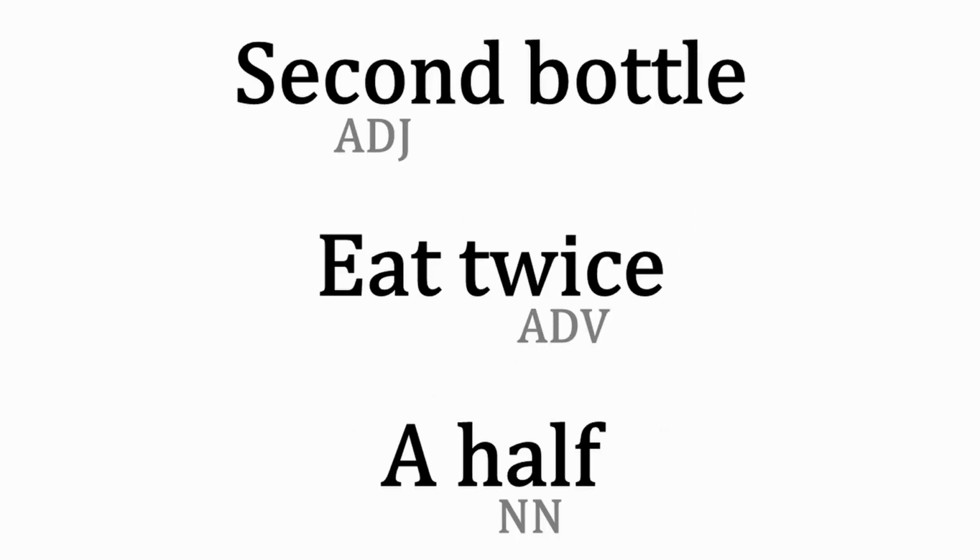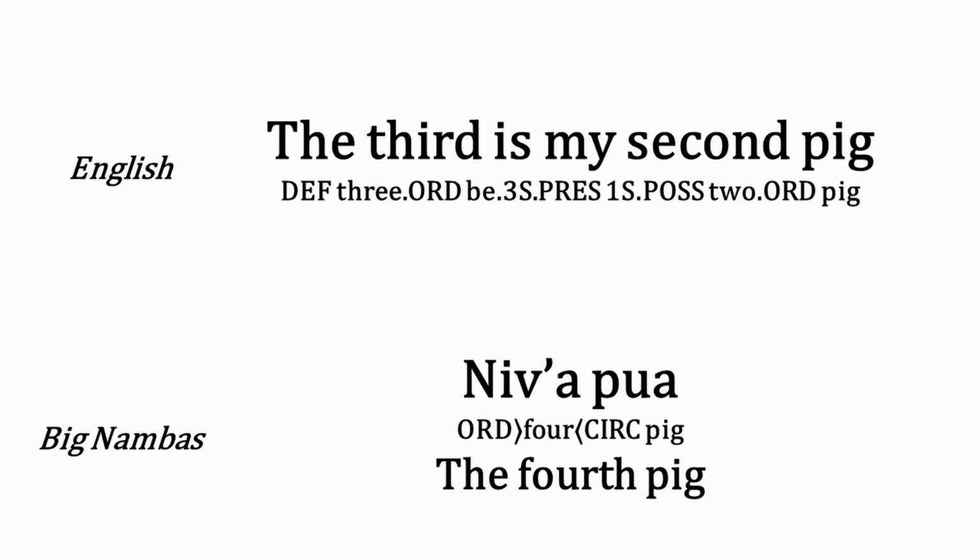Other types of numbers, which we'll discuss shortly, may fill different parts of speech to cardinals. In English, for example, we have number forms that are adjectives, nouns, adverbs and affixes. Our ordinals are adjectives or nouns, while in Big Nambus they're always nouns, which can then occur in possessive constructions to represent which one of something is being discussed.